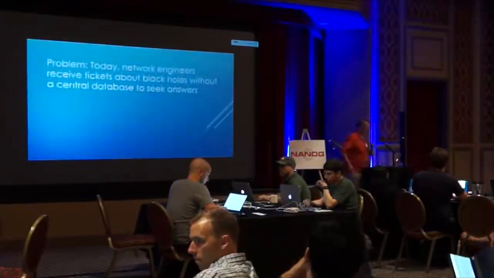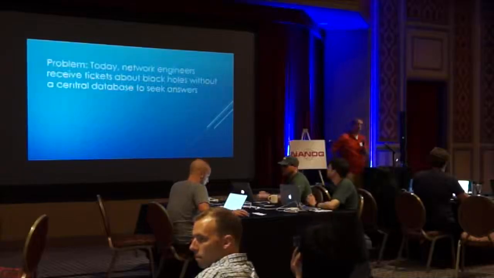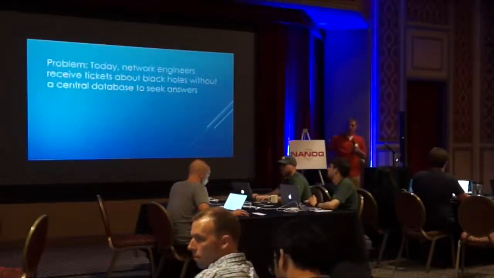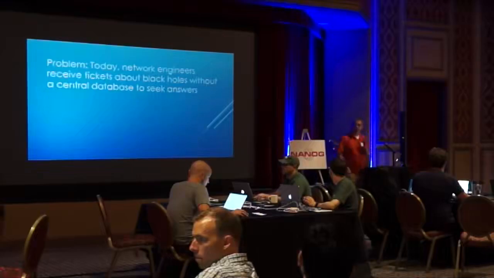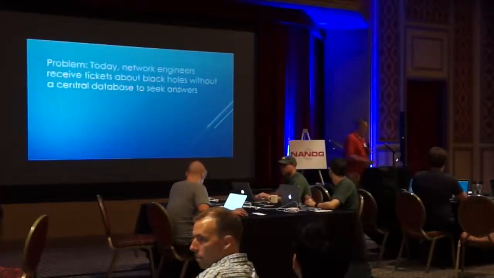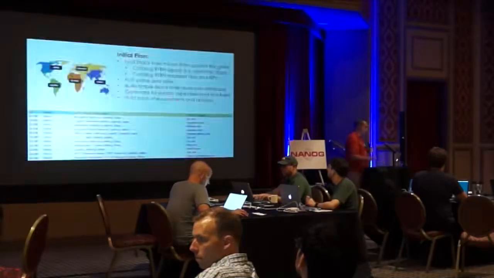So one of our challenges was to go out and see if we could gather black hole routes that are sent into IXs and ISPs. And one of the challenges that some part of the team was really interested in was being able to do something with that data in form of a troubleshooting process, making it very user-friendly.